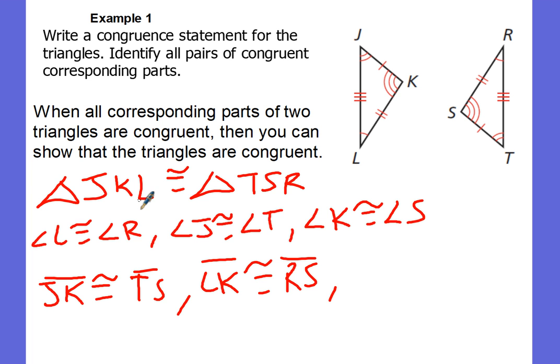And lastly, I just did LK and RS, so my last one is JL. If I go JL, that is TR. And that, ladies and gentlemen, is our congruency statements.